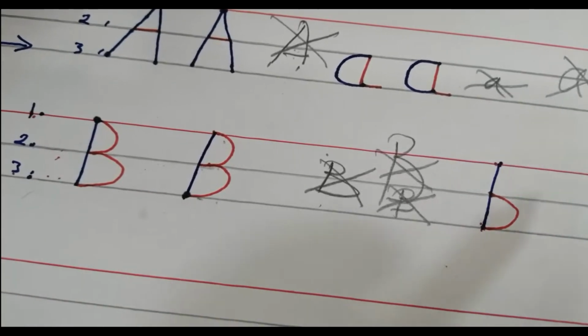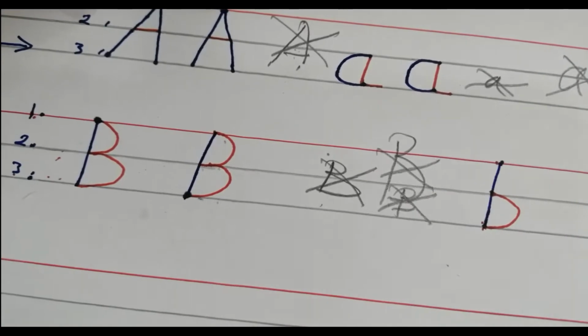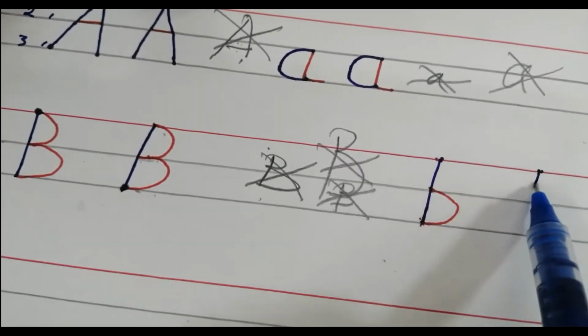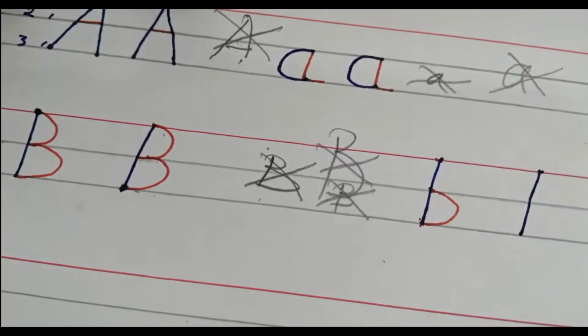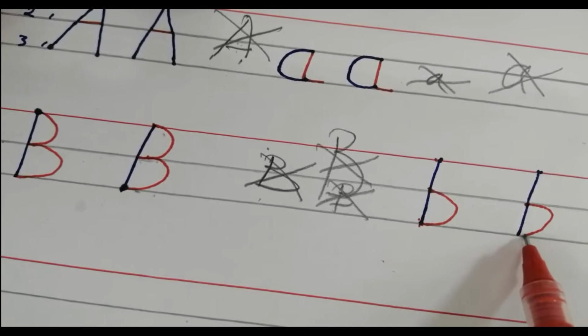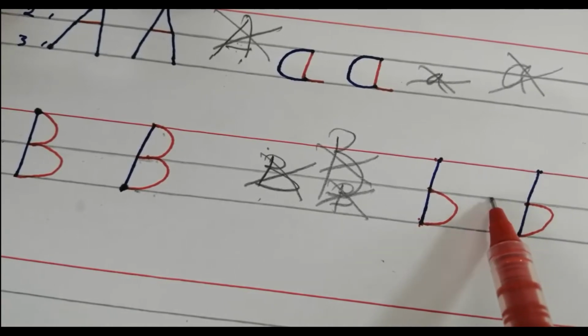Another one, a falling line from line number 1 to line number 3, and a half circle from line number 2 to line number 3. Here is 2 and this is 3.